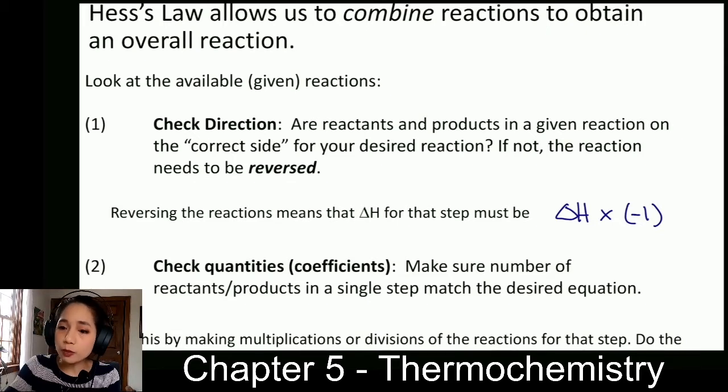We talked about how enthalpy is an extensive property, so it depends on the material and the amount that you're given. If you reverse the reaction, you have to multiply the delta H for that step by -1. So you change the sign of delta H.